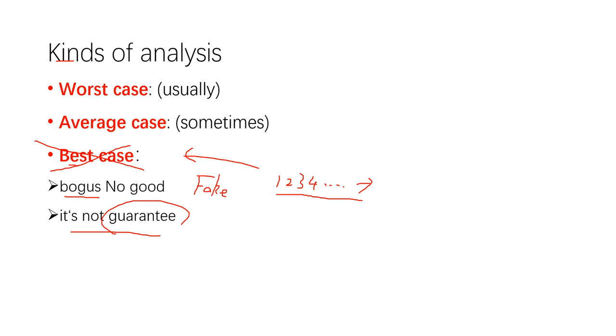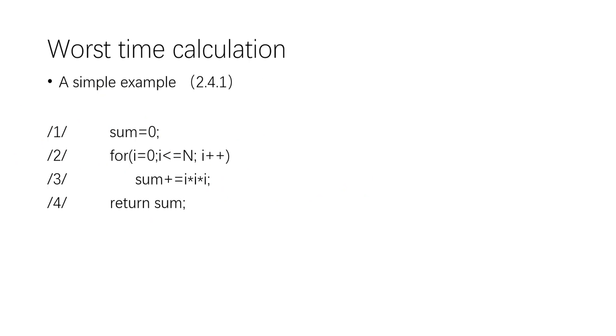We need a guarantee, so we need the worst case. So the next question would be, how do we calculate the worst case time? We just try to use a very simple example that's in our textbook, section 2.4.1.